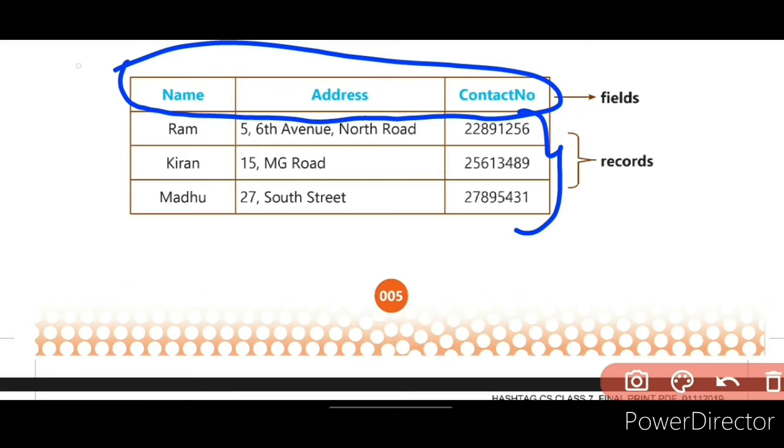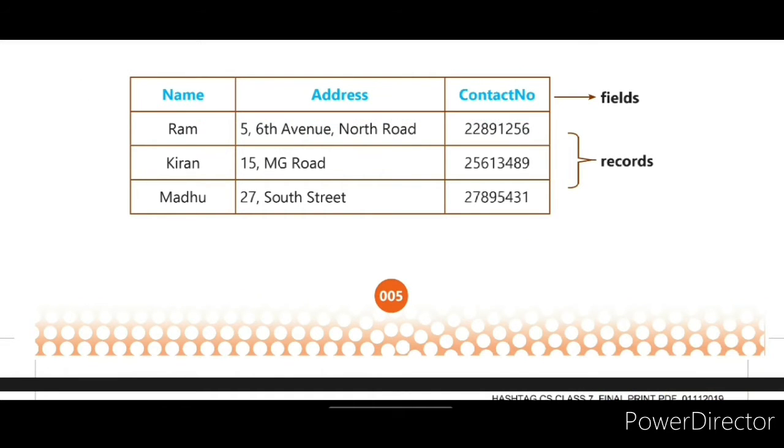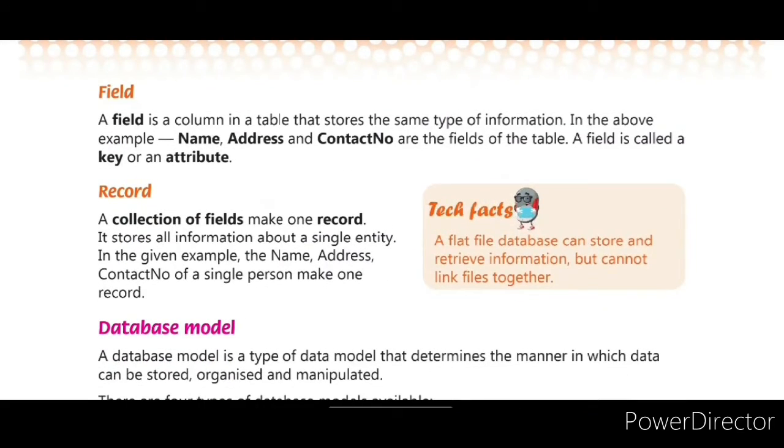This complete information makes one file. What is a field? It's a column in a table that has the same type of information. So in our example, name, address and contact number are the fields of the table. A field is nothing but a key or an attribute.